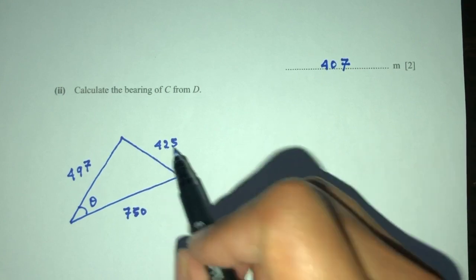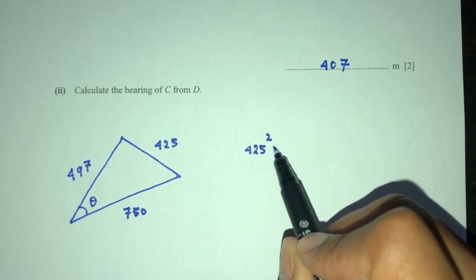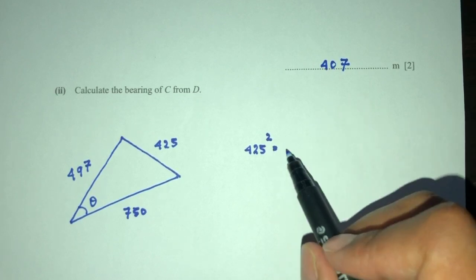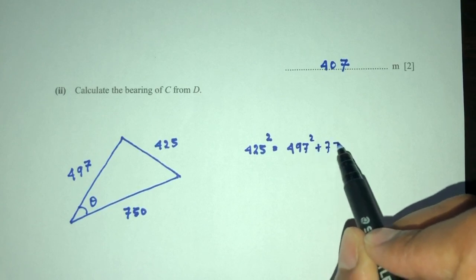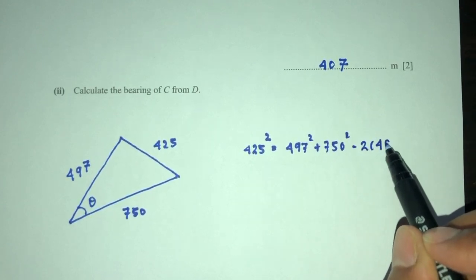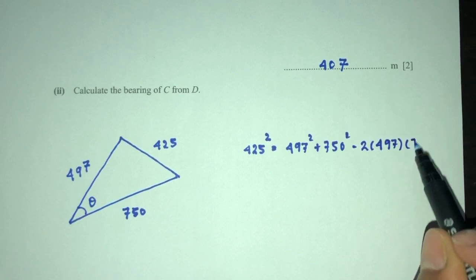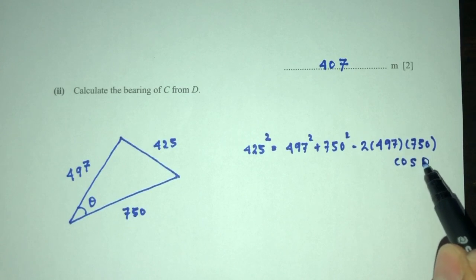You would say this side, 425 squared, is equal to the sum of the two sides squared, 497 squared plus 750 squared. This is just a formula you have to know. Minus 2 times these two sides, times cos theta. Again, this is just a formula you have to know. How do I know this? It is a formula, right?